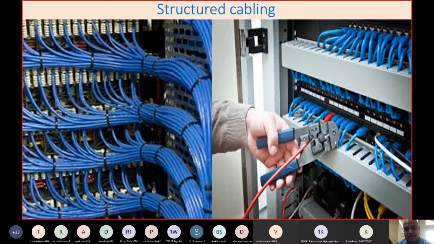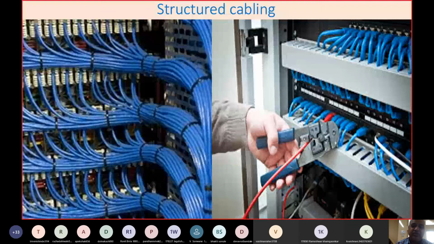Even if you have 24 computer connections, or 48, 100 or 1000, I believe everybody should, if it is possible, and if it is not a permanent cabling, then it is better that one must go for the concept called structured cabling.